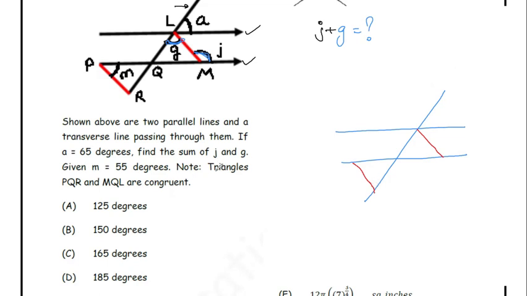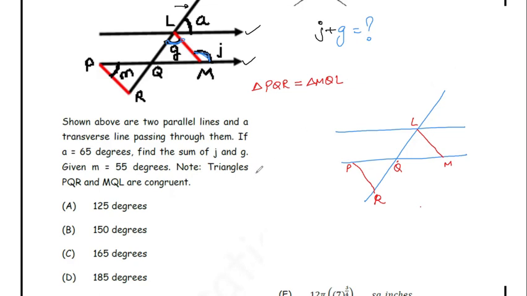Triangles PQR and MQL. So these two triangles are congruent, meaning triangle PQR is congruent to, meaning identical to, triangle MQL in that order.